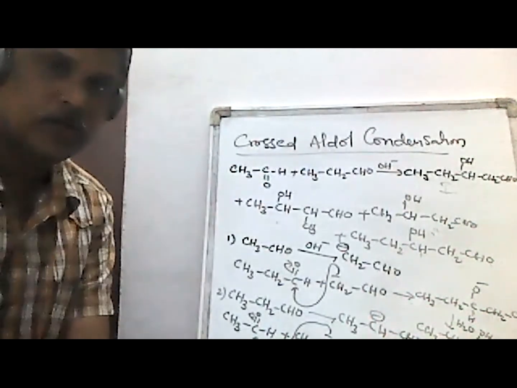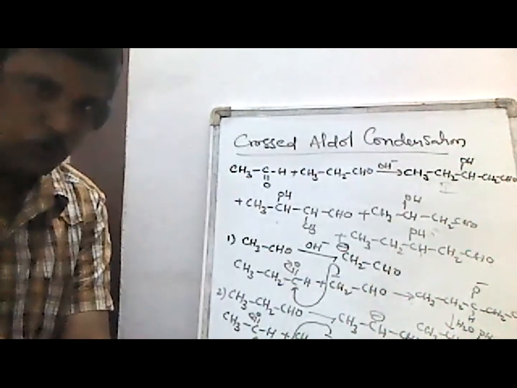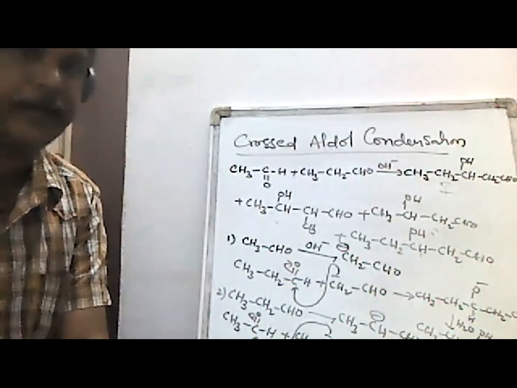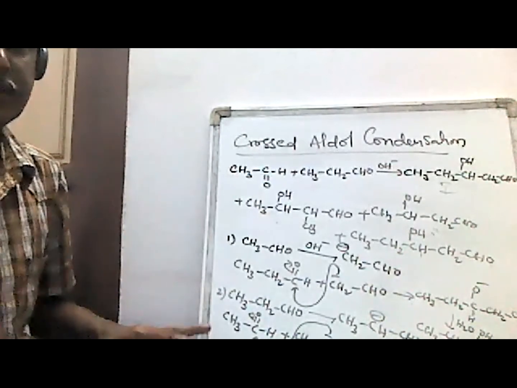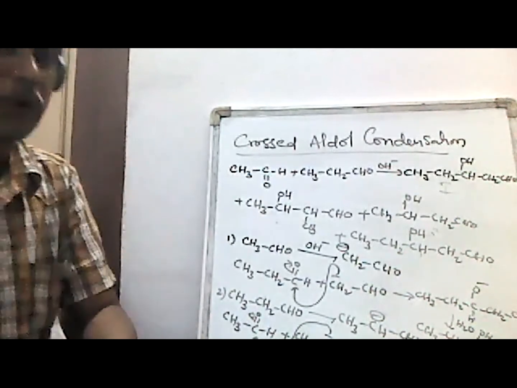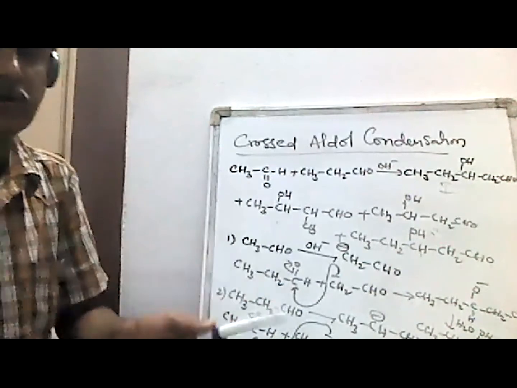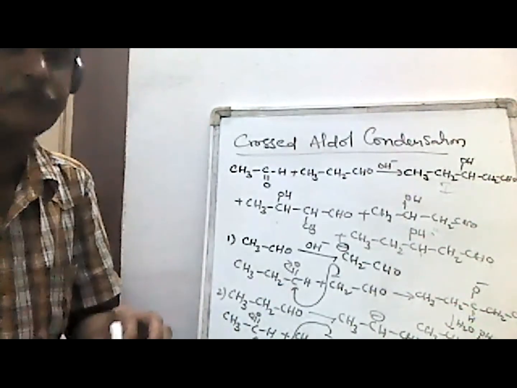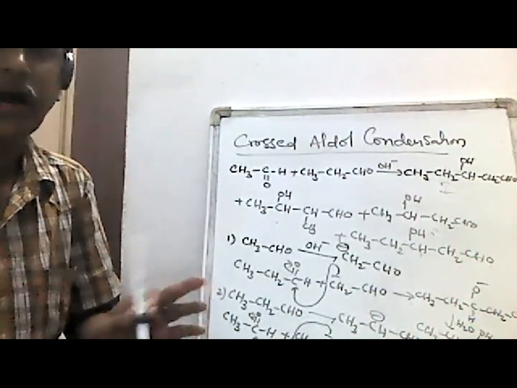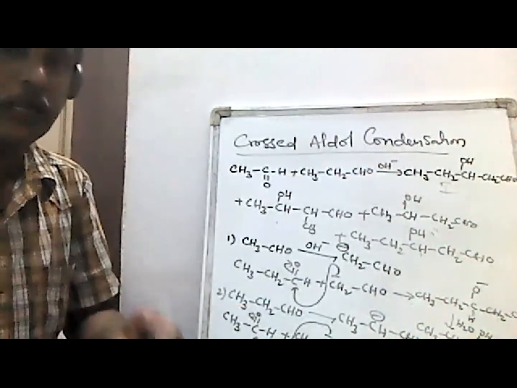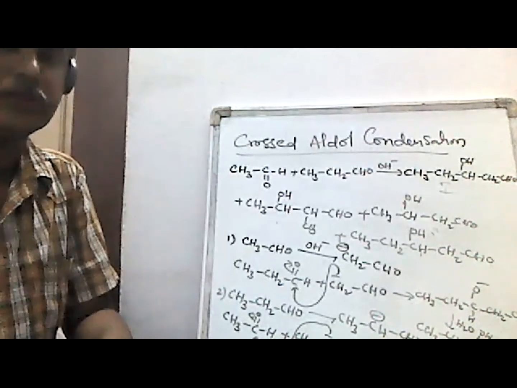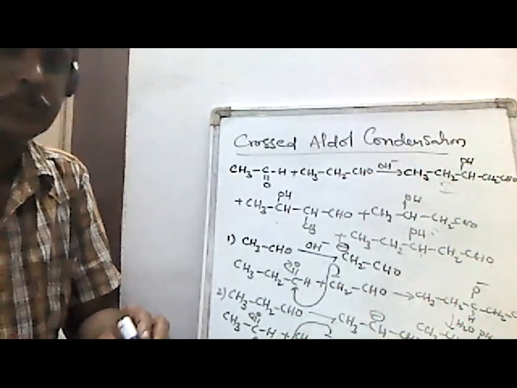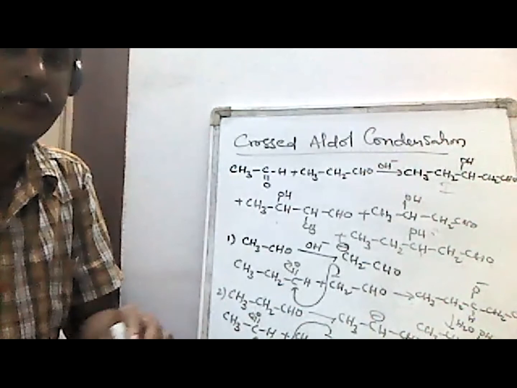In crossed aldol, two different aldehydes, two different ketones, or an aldehyde and a ketone participate in the condensation reaction. In aldol condensation, only one product forms. In crossed aldol, four products form if both aldehydes have alpha hydrogen. If only one aldehyde has alpha hydrogen and the other does not, only two products will be formed.